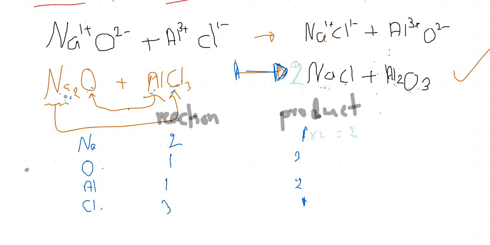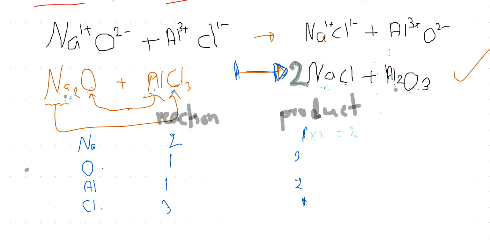Yeah, I do. Okay, so this is good. We have to go to the oxygen. How many atoms of oxygen do we have? Only 1. And here we have 3. So there is no change. Let's go to the aluminium. How much aluminium do we have? 1. Chlorine? 3. So still the same. Here, aluminium? 2. And oxygen? 3.